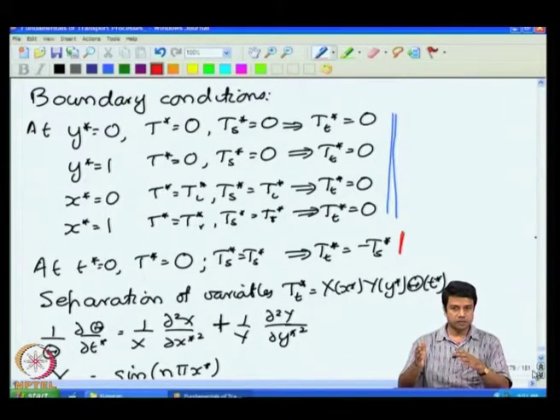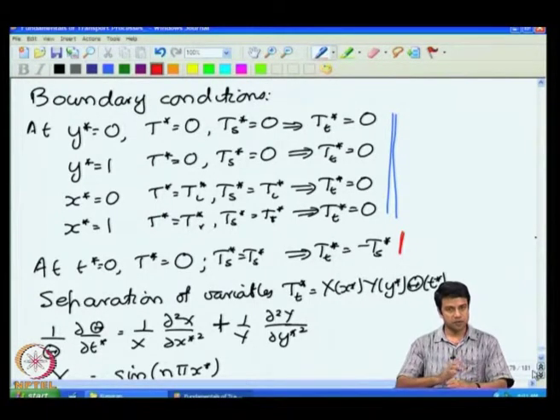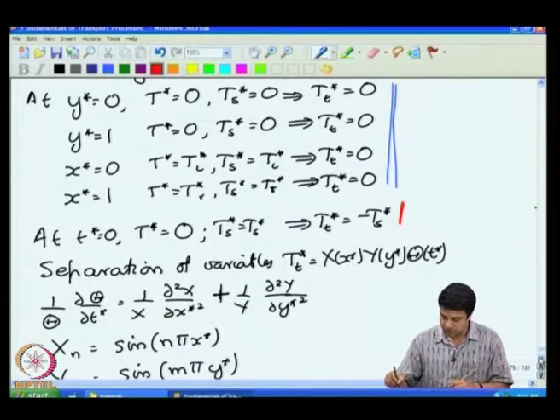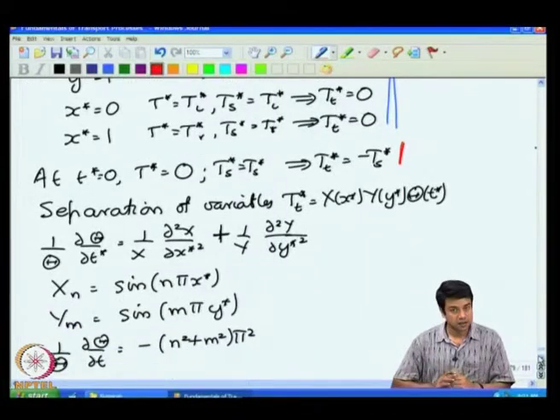For the transient problem, because we had homogeneous boundary conditions in all spatial directions, we were able to get eigenvalue problems in both those directions, sine functions in both those directions. The solution for the function of time turned out to be an exponentially decreasing function in the time coordinate.